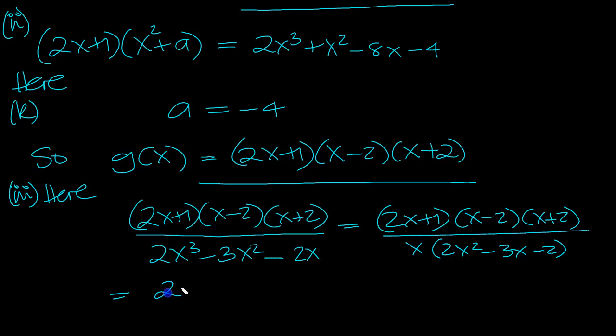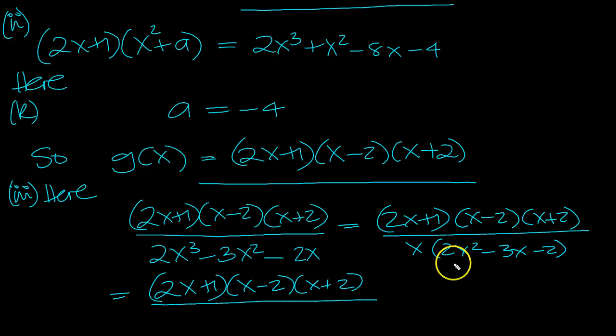So that's equal to then 2x plus 1, x minus 2, x plus 2, over x times, now here we've got an x, but there's a 2x, if we factorise in an x.